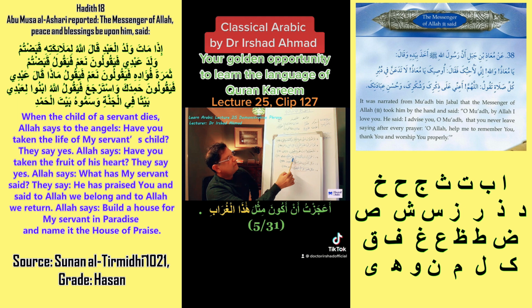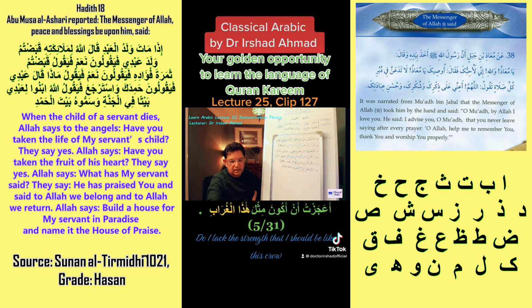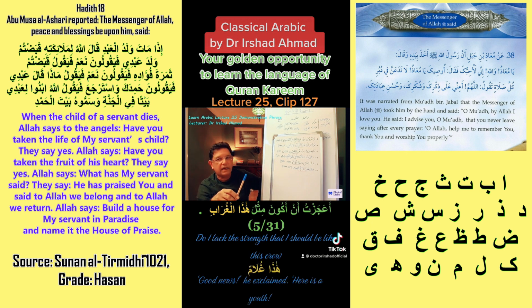Ajastu an akuna misla hazal gurabi, Surah Maida, ayah number 31. And this ayah is about the first two sons of Adam and Eve, Cain and Abel. Cain killed Abel, and then he did not know what to do with the corpse of his brother. So فَبَعَثَ اللَّهُ غُرَابًا.